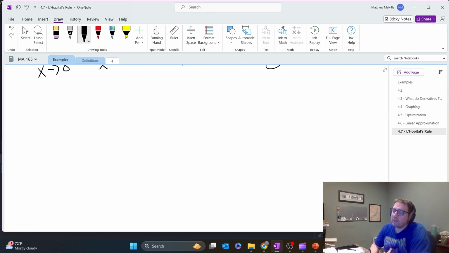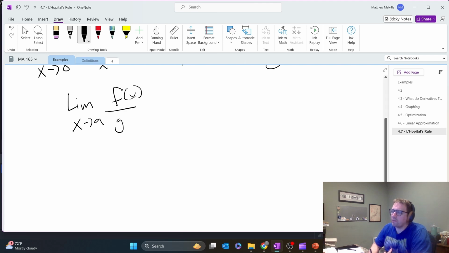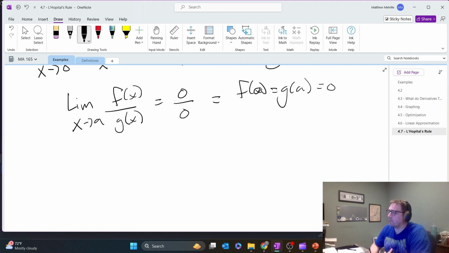Let's say that we want to find the limit as x approaches a of f of x divided by g of x, which we get as 0 over 0, so f of a equals g of a, which equals 0.